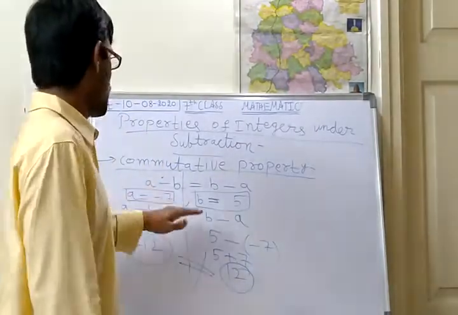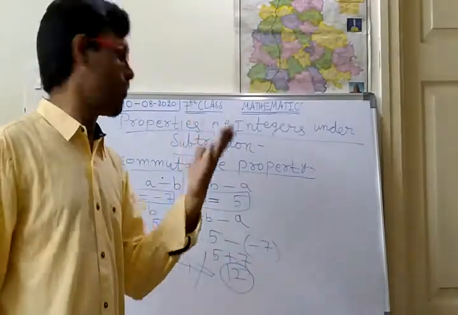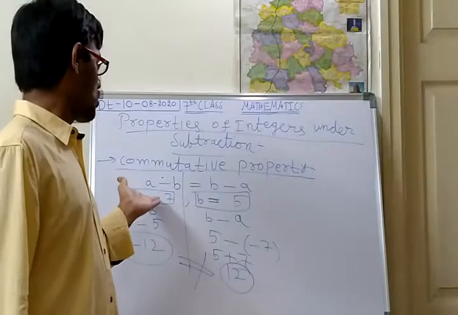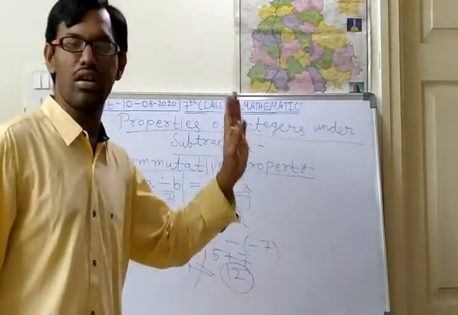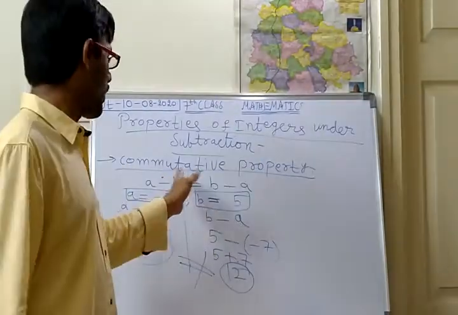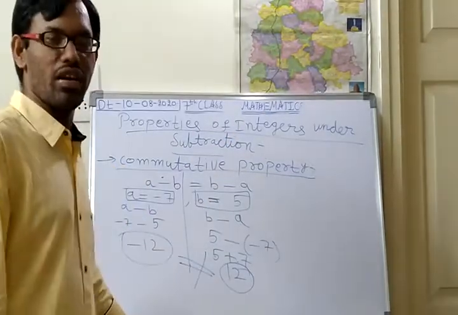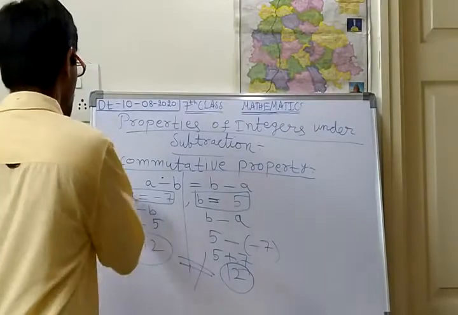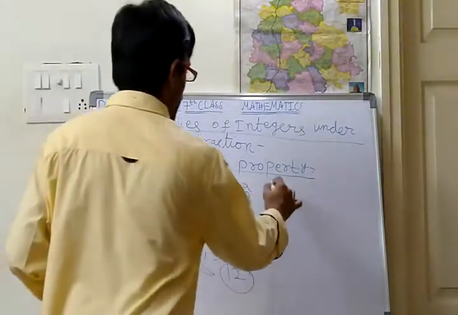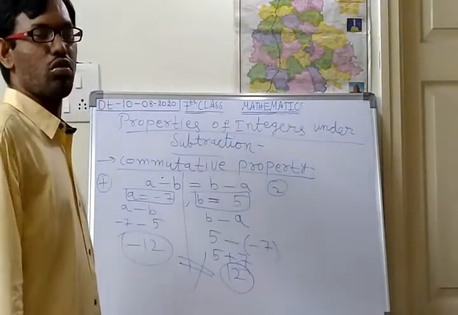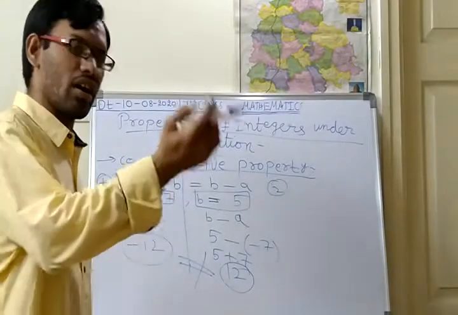So like this, you can take any five integers. Assume A as one integer, B as another integer, and you try to check A minus B equals B minus A. This is one. Next, second, you take another two values of A and B. Next, third, take another two values.